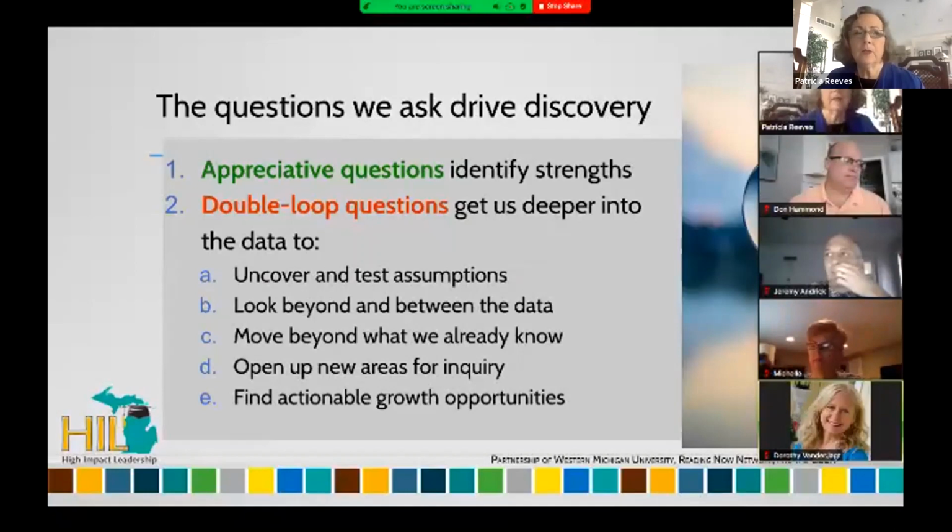Double loop questions also help us look beyond the data, to not take the data so literally that we don't have meaningful conversation about what are all the variations of what that data could mean.